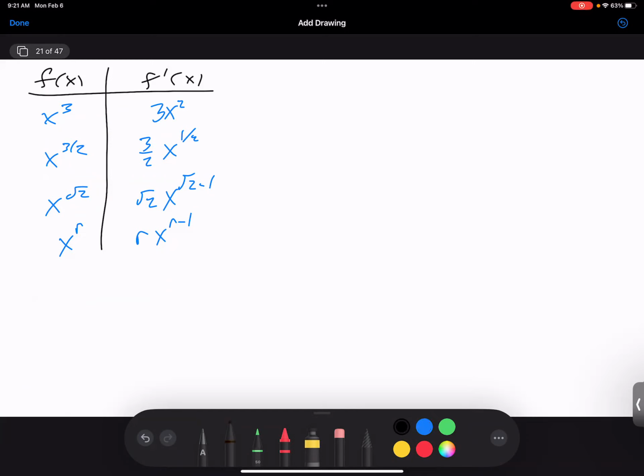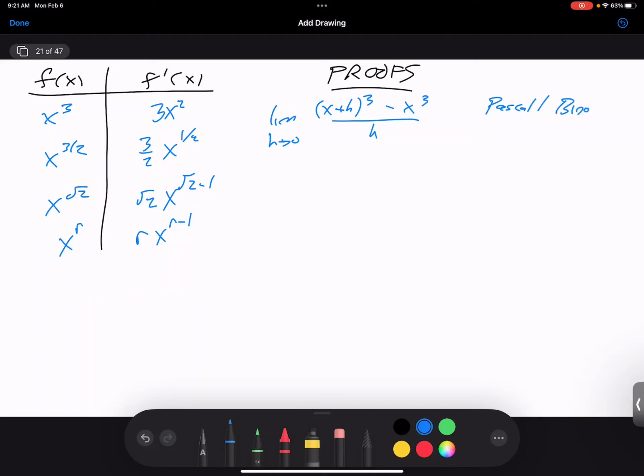So for the first one, you might have done the limit as h goes to 0, x plus h cubed minus x cubed over h, and use Pascal or the binomial theorem.